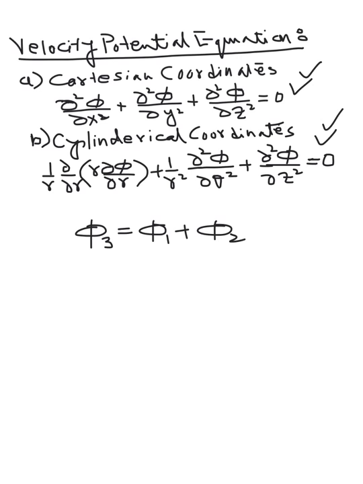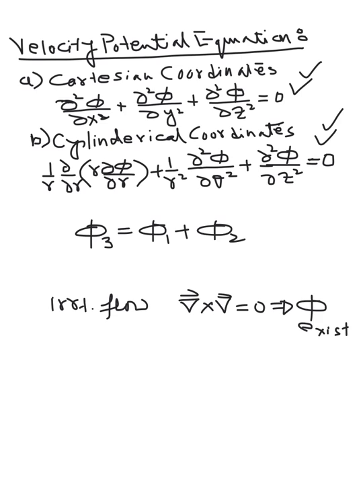So in summary, I will say that for my irrotational flow, del cross V should be 0. This implies that my phi will exist. And once your phi exists, then velocity can be obtained through this.